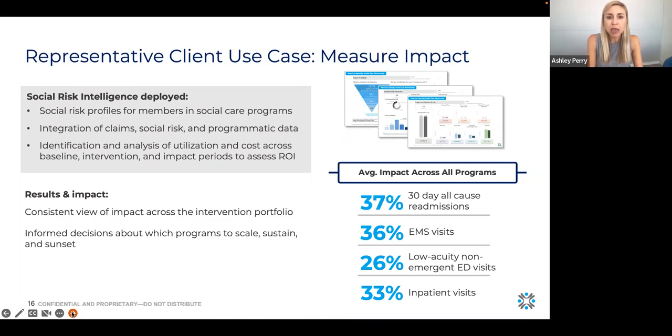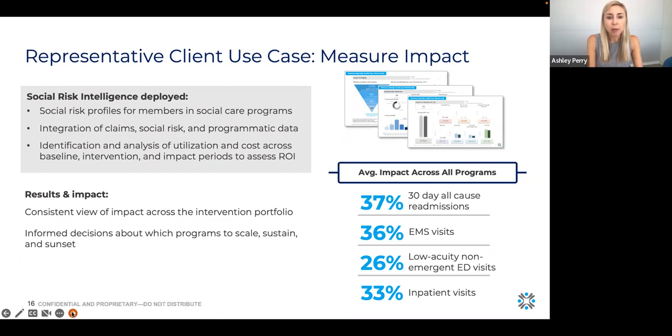And so to that end, I wanted to share a little bit of the work that we've done here in DC with AmeriHealth Caritas, one of the 3 managed Medicaid plans in the district. And when we started working with them, they had a portfolio of 12 different social care interventions that they were already deploying to their full member population, but without visibility into which ones were most beneficial.